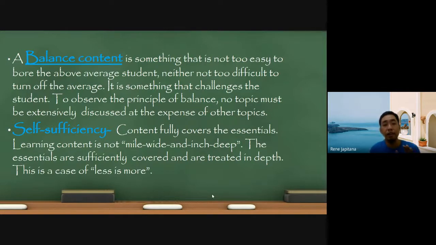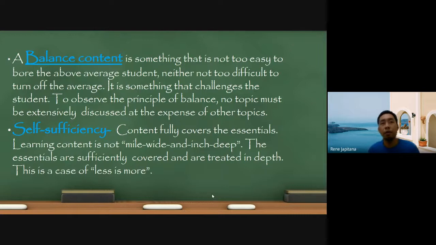Dapat hindi masyadong marami pero kakaunti lamang ang kalidad na natutunan ng mag-aaral. We may say we have covered a lot of topics and competencies, but the quality of learning that they had is not that good, because we are after the time, we need to finish since we are behind with other sections.